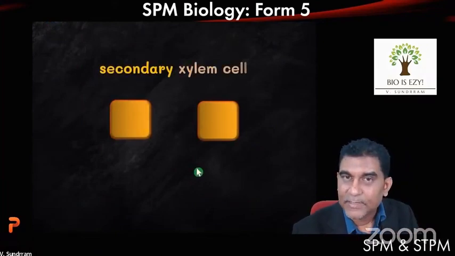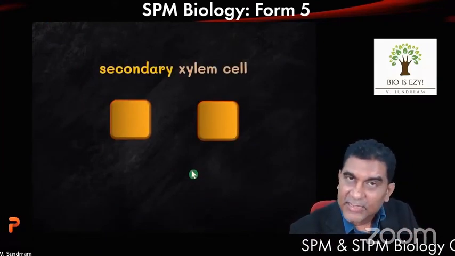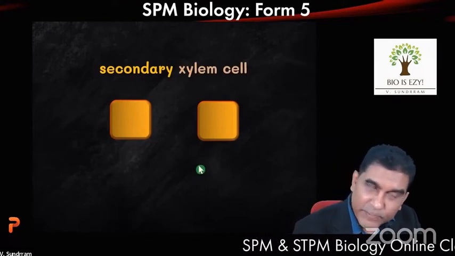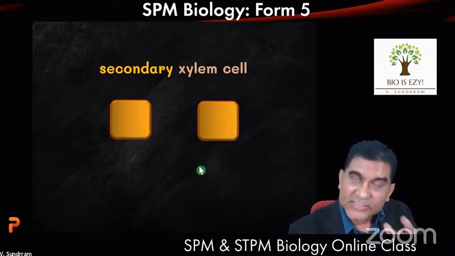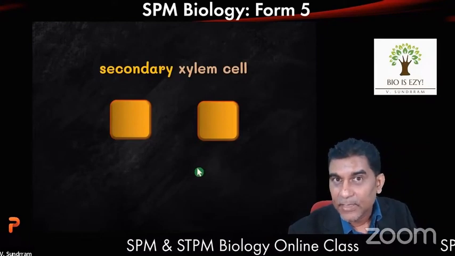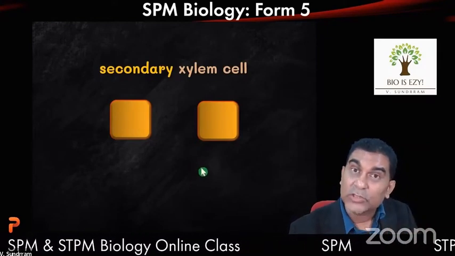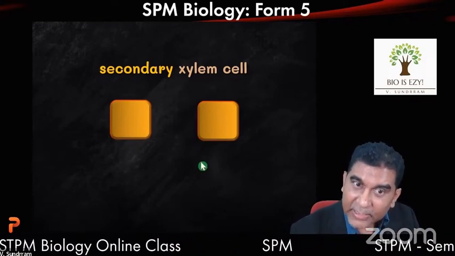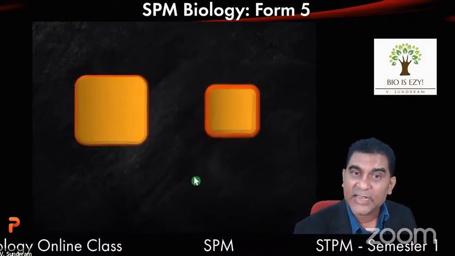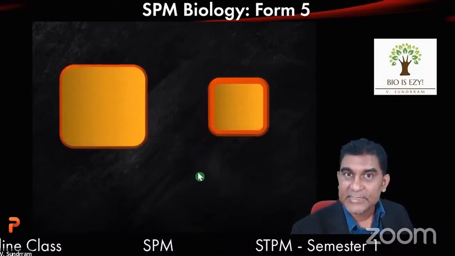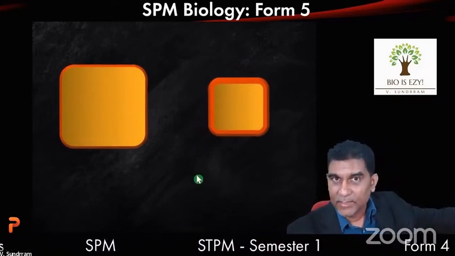We start with secondary xylem. But the secondary xylem that is formed in spring and summer, the size is different. The one formed in spring, because the growth rate is higher in spring, they form larger cells in spring. It's like the larger balloon.